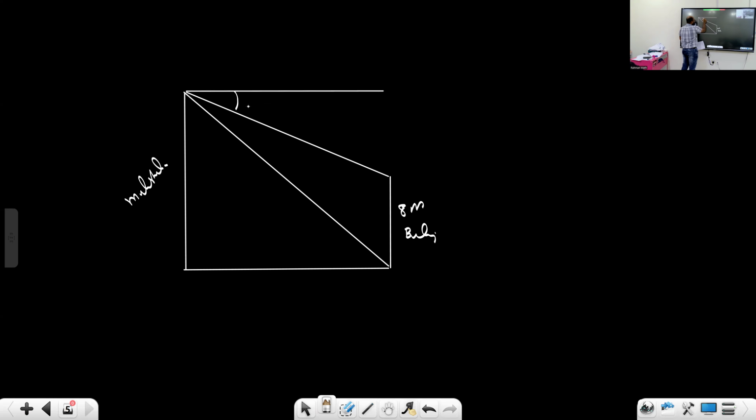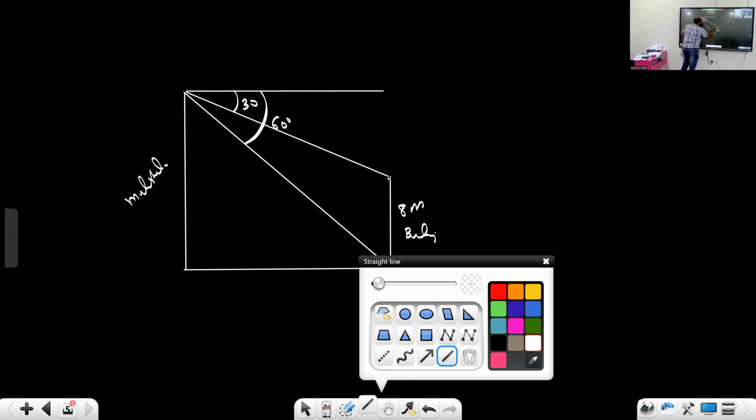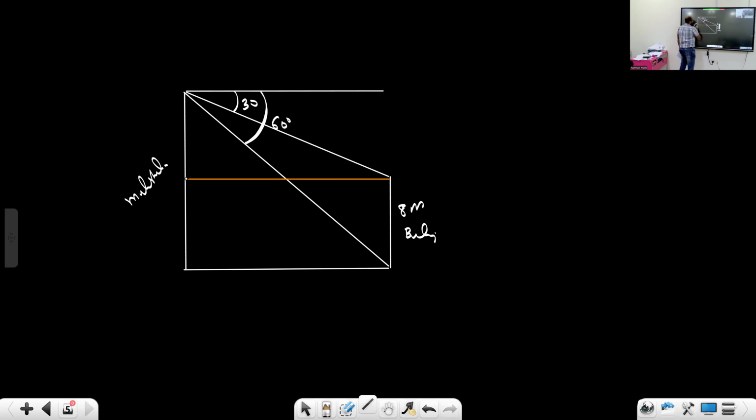This is 30 and this is 60. Always from the horizontal line, this is 60. And please construct one line here to make things easy, otherwise it will be a problem. 45, sorry.